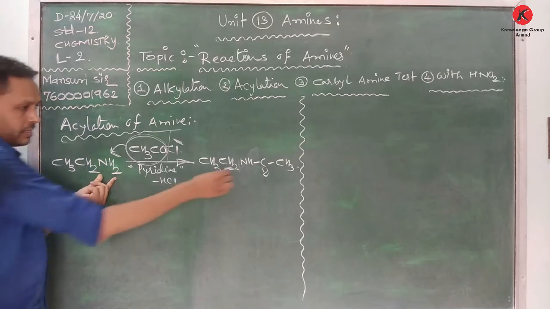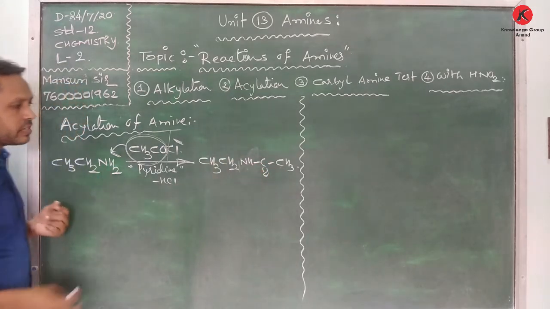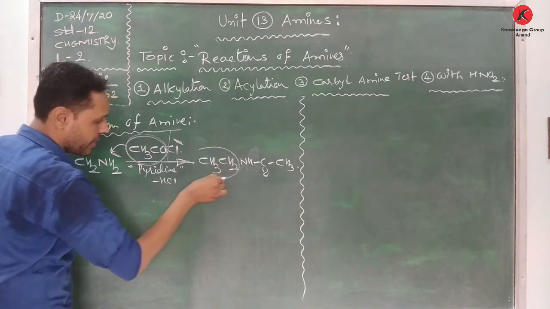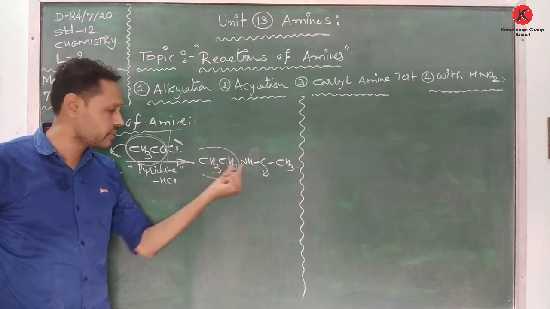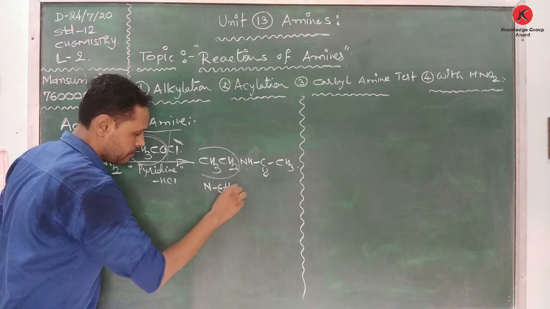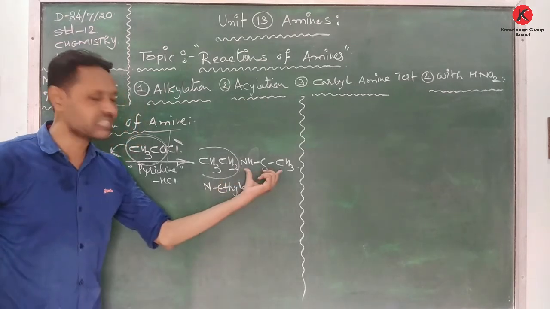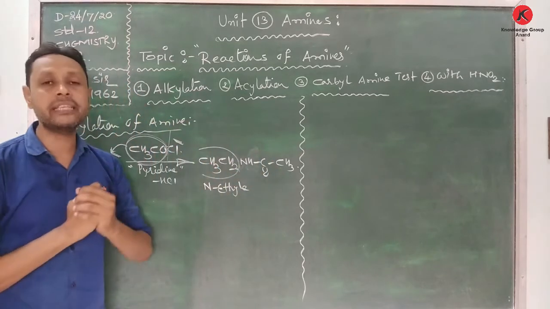So this COCH3 will be added like this. That is why the substance will be named: this ethyl is attached with the nitrogen. This was ethanamide, because CONH2 is the amide group.